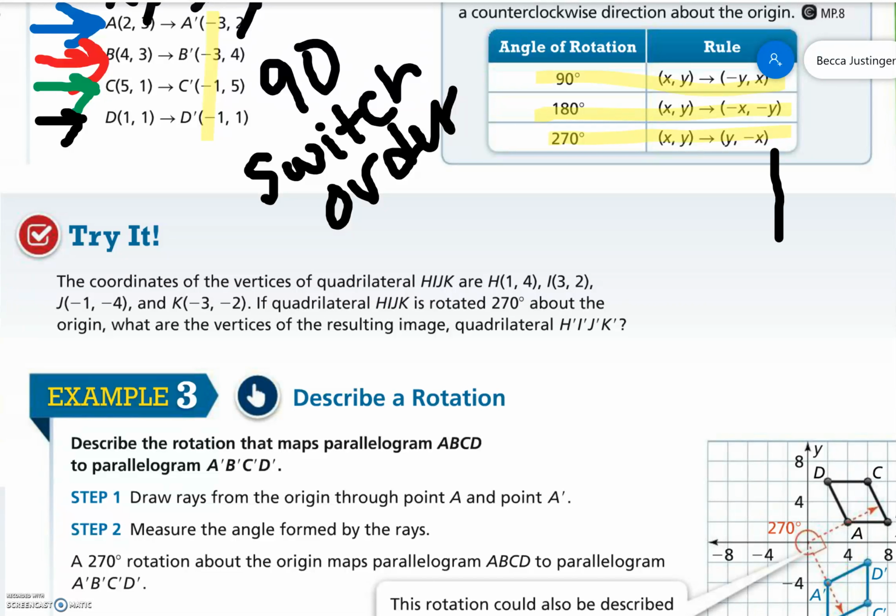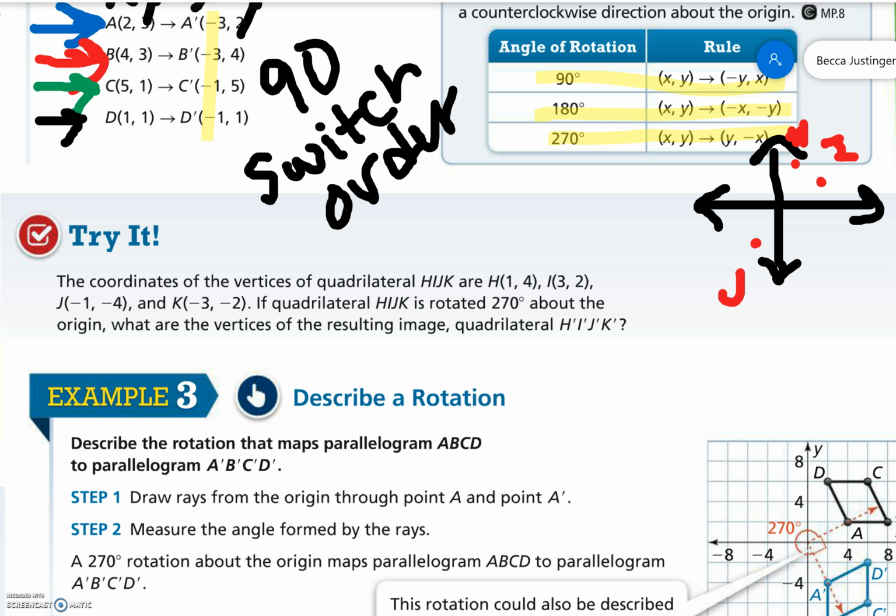Well, if we draw a rough sketch, I know H is 1, 4, so that's here, that's H. I is 3, 2. J is -1, -4.